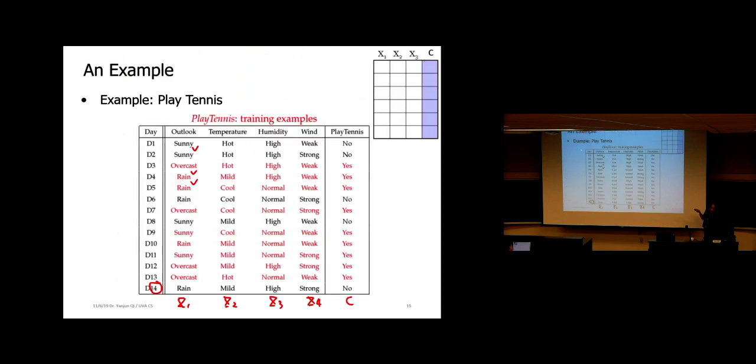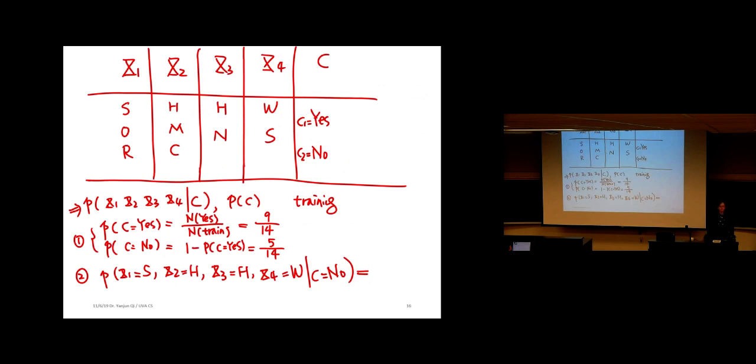What I have is S, H, H, W, conditioned on no. How many times did you observe this combination, SHHW and no? Actually, in your table, one time. And then over what?